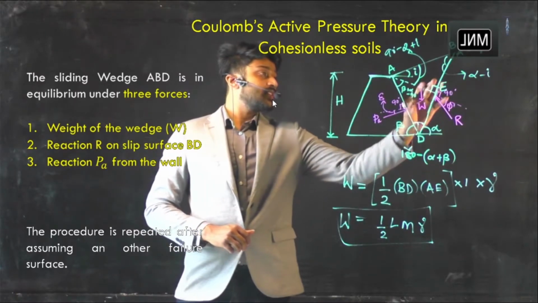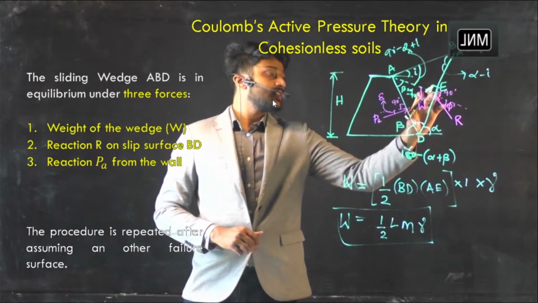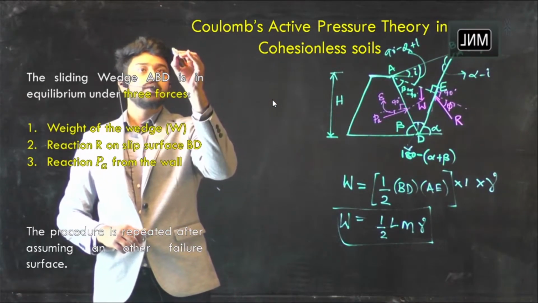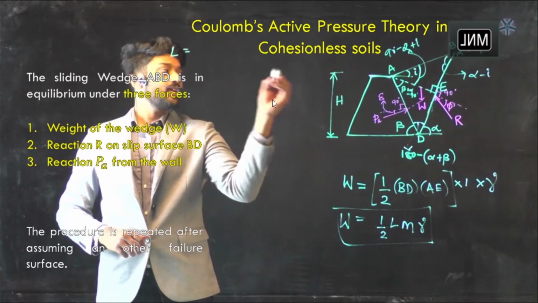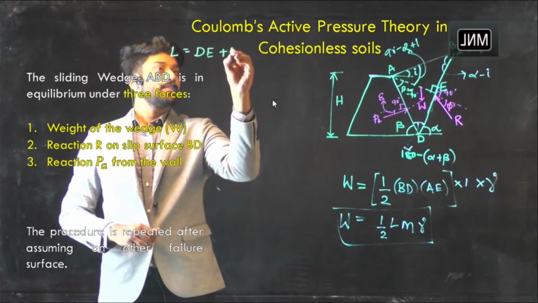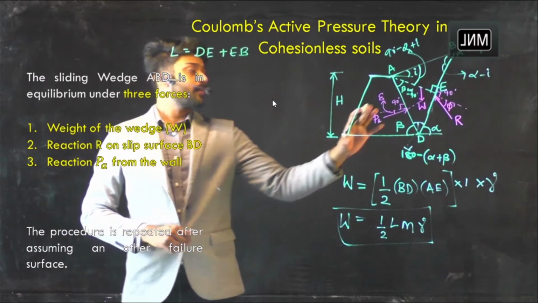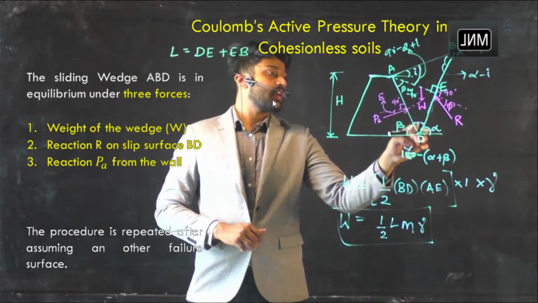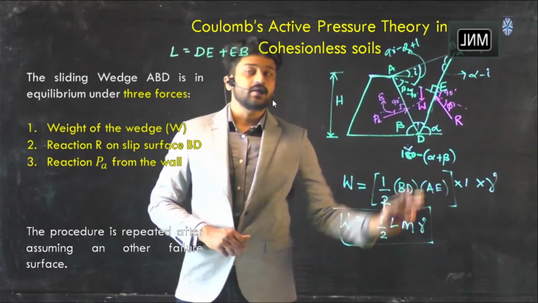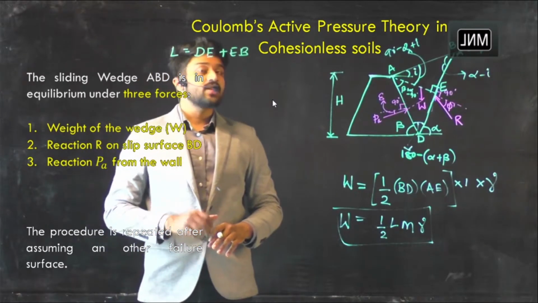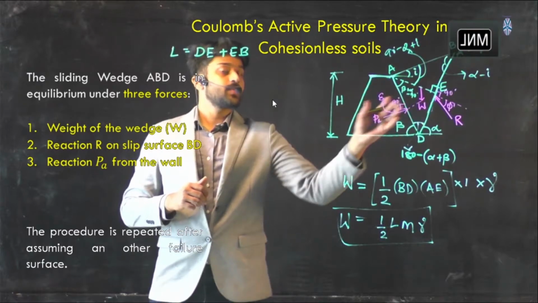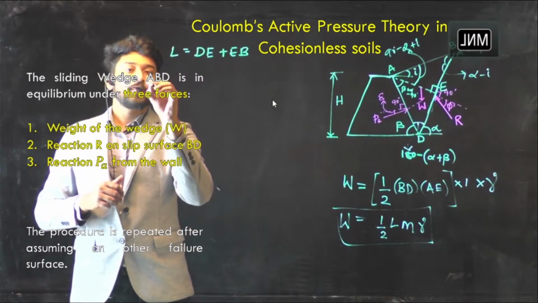Let us represent this distance L as DE plus EB. From these two right angle triangles, AED and AEB, let us try to obtain DE and EB. From this particular triangle, we may also obtain M.